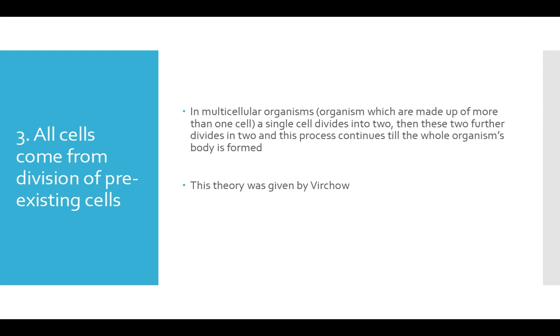The first cell divides and divides until the whole organism is made. In our body, millions of cells came from only one cell. This theory was given by Virchow, as I have already said.